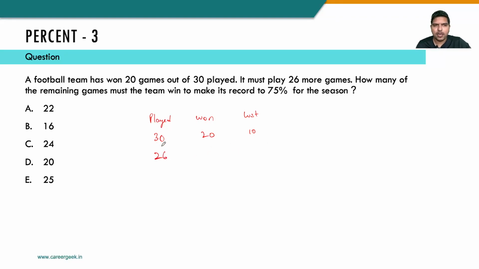How many of the remaining games, how many of these 26, must the team win to make its record 75%?